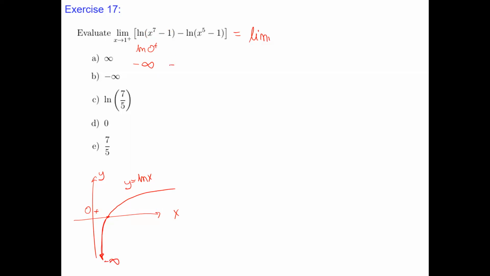And then we have minus. Again, this is also natural log at 0, which is negative infinity also. So we have negative infinity plus infinity. That means this is still a difference. Yes, we can see it's still a difference.